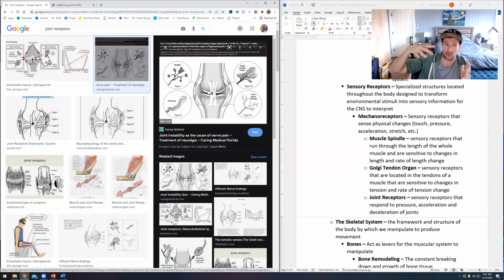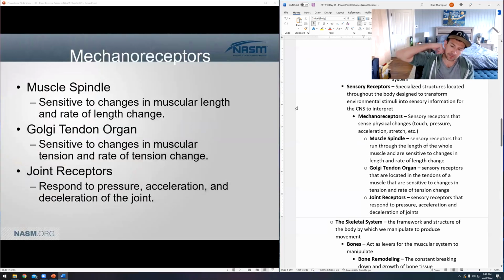It's like a balloon being overfilled, or like, oh, the cartilage just got smacked. There are little nerve endings in there. There are about four main types that we're seeing here, but those joint receptors sense pressure, acceleration, deceleration. They sense when your joints are moving.